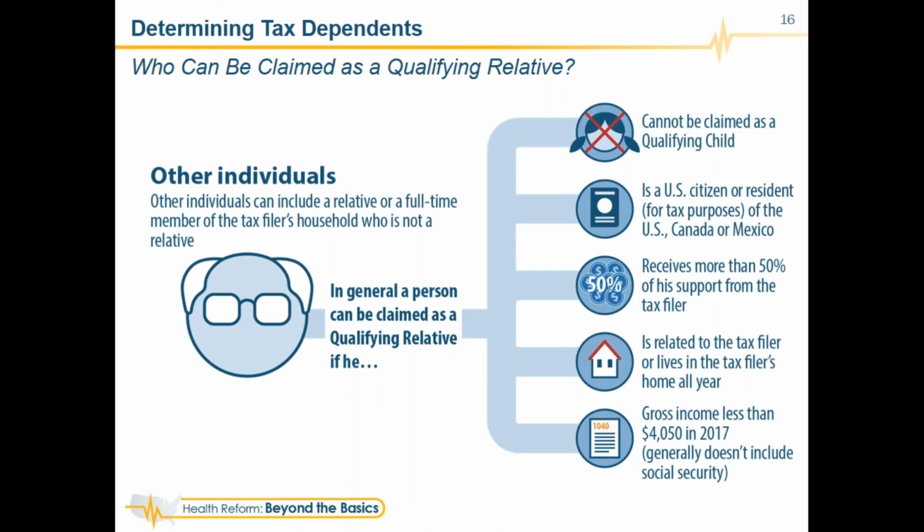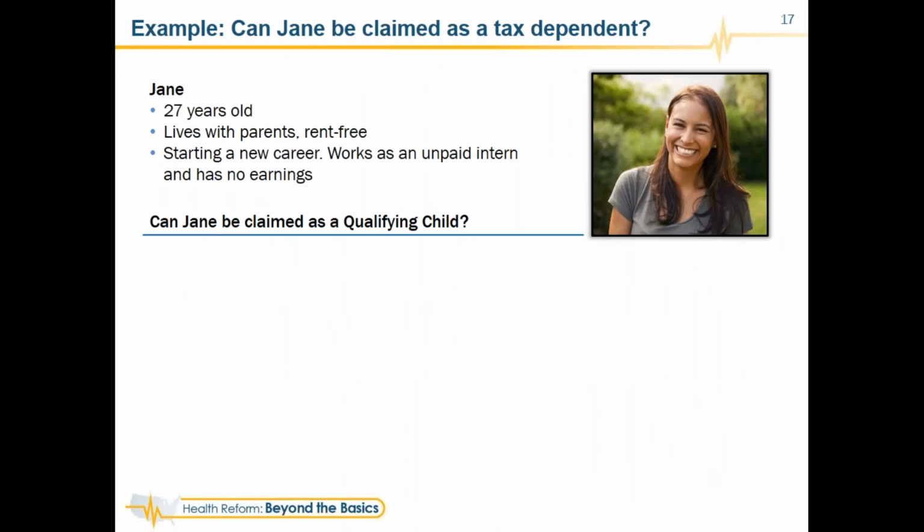And the dependent has to have gross income of less than $4,050. Now that's the number for 2017. We don't have the number yet for 2018, but let's assume it's around $4,100. And that number doesn't include Social Security, generally.